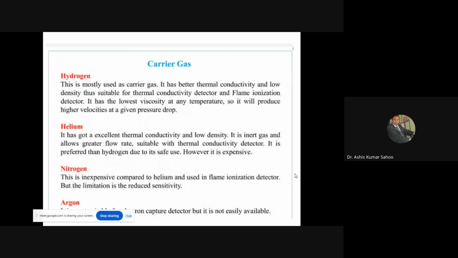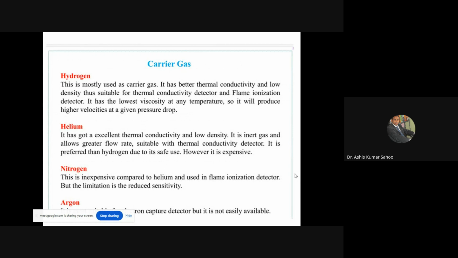Carrier gas. The carrier gases are hydrogen, helium, nitrogen, and argon. So these are the mostly used carrier gases. Hydrogen has better thermal conductivity and low density, and is suitable for thermal conductivity detector and ionization detectors. Helium has excellent thermal conductivity and low density.